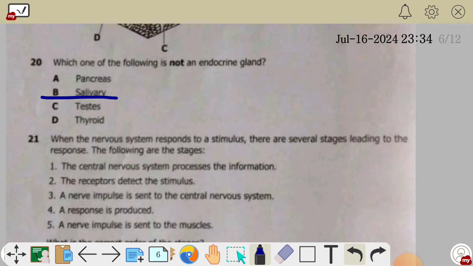So B is not an endocrine gland. The pancreas is both an exocrine and endocrine gland. It secretes enzymes and hormones, so it is also an endocrine gland. So the one which is not an endocrine gland is the salivary gland.